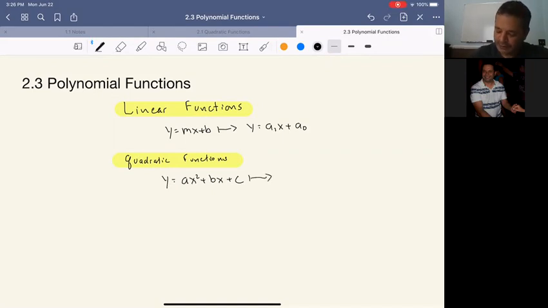So it's going to be y equals a sub 2 x squared plus a sub 1 x plus a naught. Okay, so these terms, a0, a1, a2, and if we're going to eventually extend this, these are called coefficients.